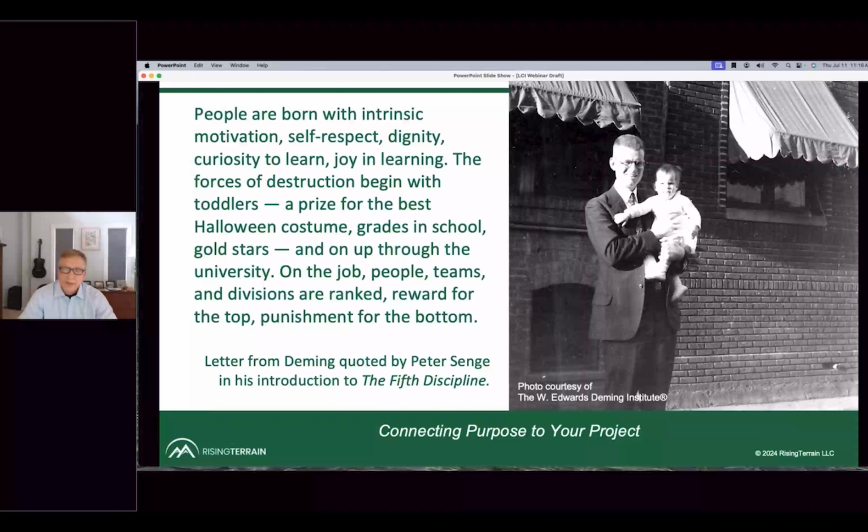And this, I think, is also an important idea that comes from Deming too, that he understood that individuals had something important to contribute. And he saw in a lot of industry, particularly in American industry, that people's motivation could be deflated, that there sometimes was a lack of self-respect, a lack of curiosity.